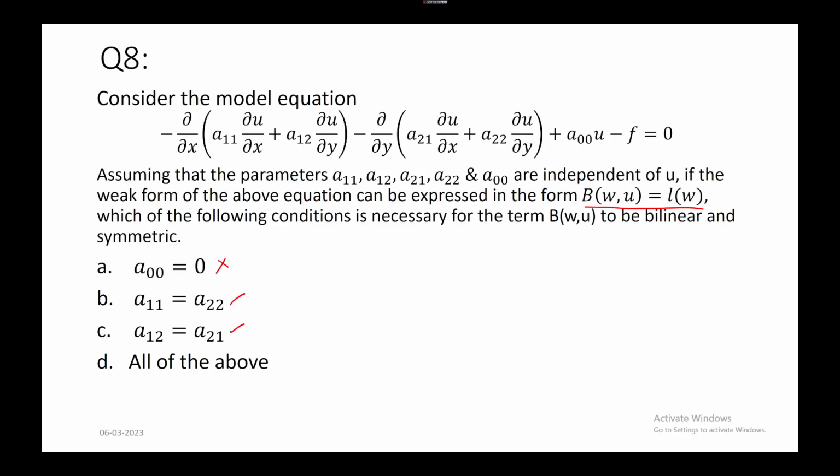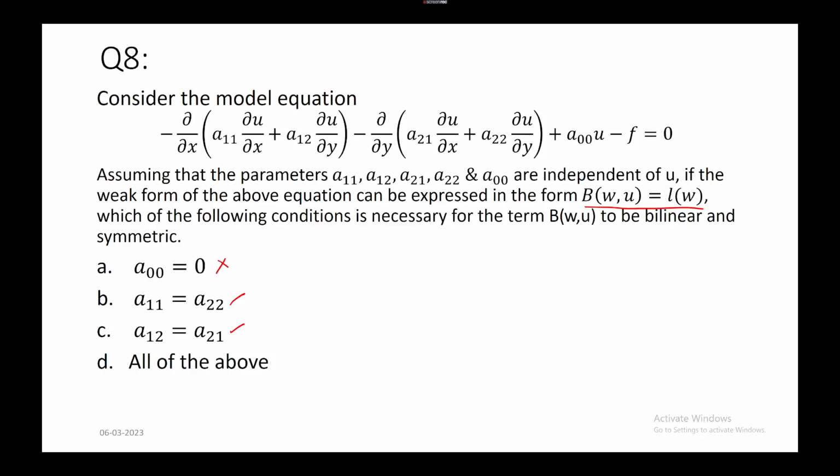So do you agree? Yes, sir. We got a bilinear term. But you can say that among these, only one point is important. So bilinear and symmetric. When do you expect the symmetric?